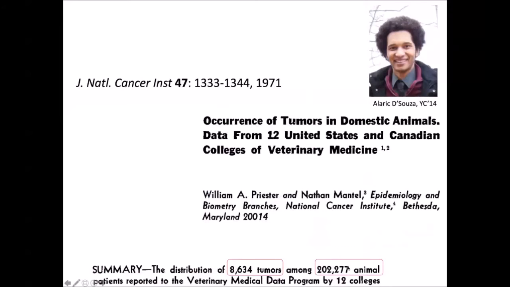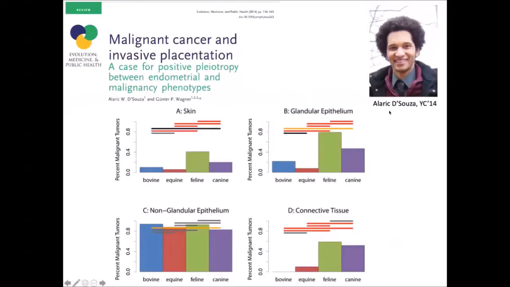I had an undergraduate of mine, Alaric de Sousa, working on this, and we in fact found that for many categories of cancers found in these domestic animals, the cats and dogs that have the more invasive placentation than cows and horses, the malignancy rate is higher in cats and dogs.